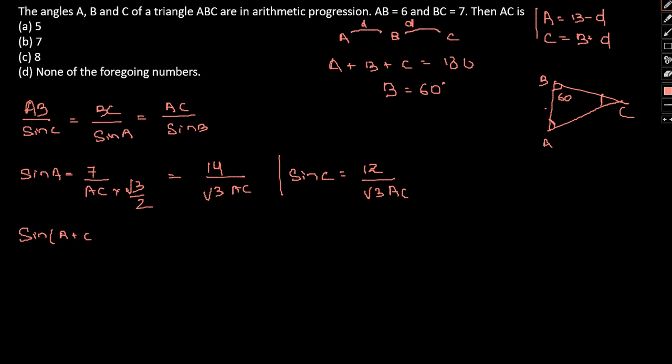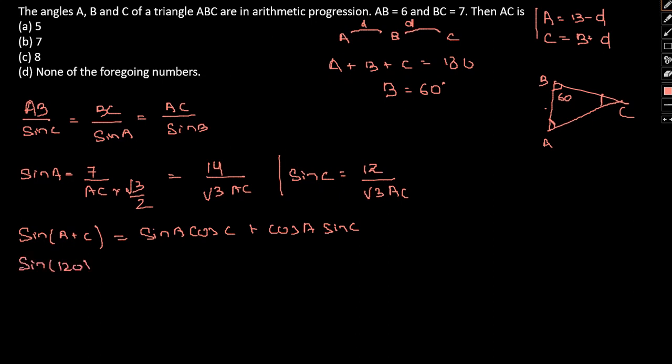Similarly, we have taken sine C's value and then subsequently we have solved the same as well. So with that said, sine of A plus C is sine A cos C plus cos A sin C. Since B was 60 degree, A plus C will simply be 120 degree, because 180 minus 60 gives us 120.